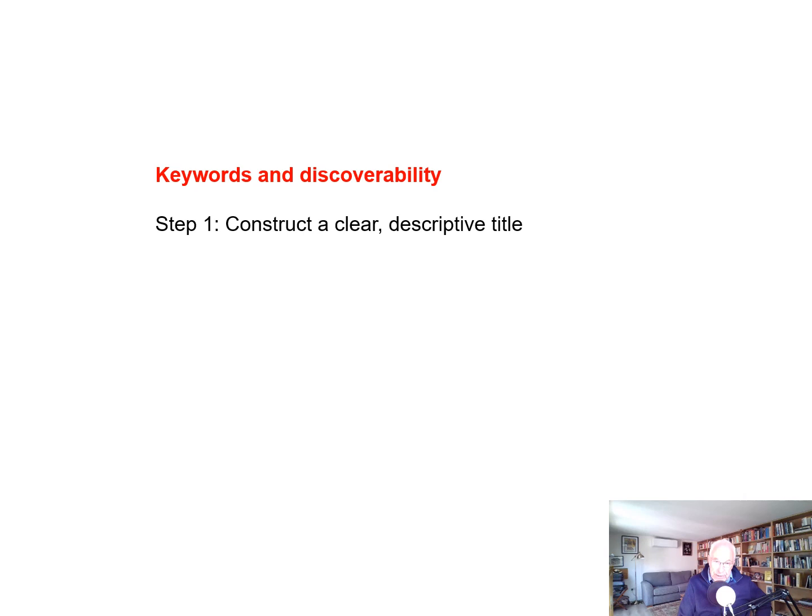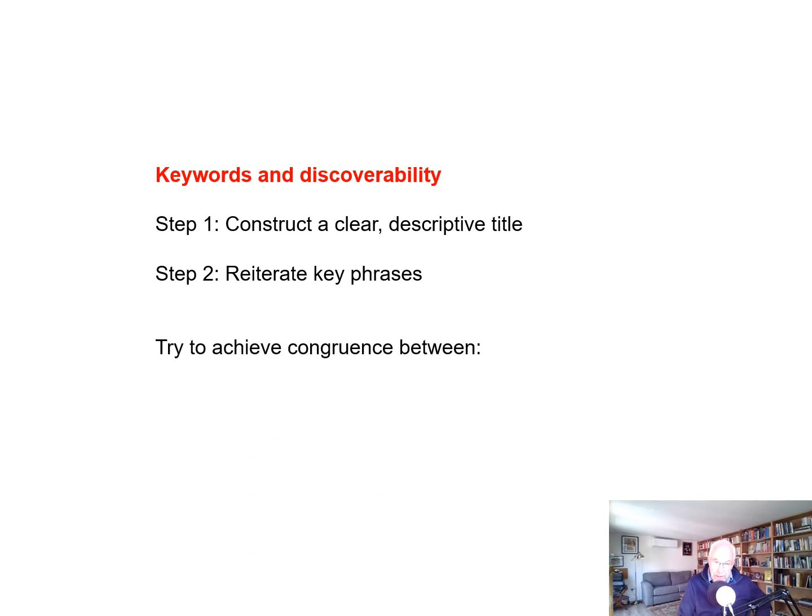First of all, construct a clear descriptive title, as I've said, short, clear, and saying exactly what you've done. Reiterate key phrases and key words, and I'll show you exactly what I mean by that. Try to achieve congruence between the title, the abstract, and the keywords. In other words, try to use the same words within each one. Don't vary them.